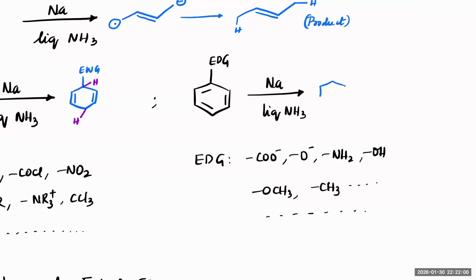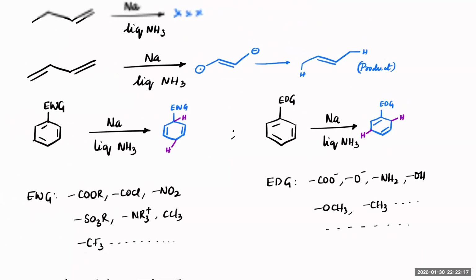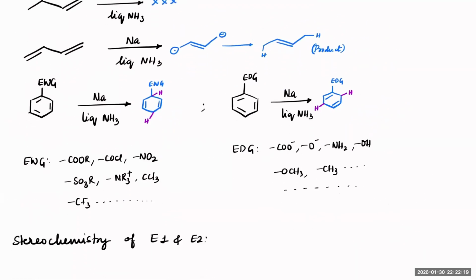In case we have electron donating groups, then you will have this as EDG, and the double bond will form this way. And hydrogens are basically getting added at these two positions. Okay. So without any mechanism, my suggestion is remember it this way, that where the hydrogen is being added in both the cases.